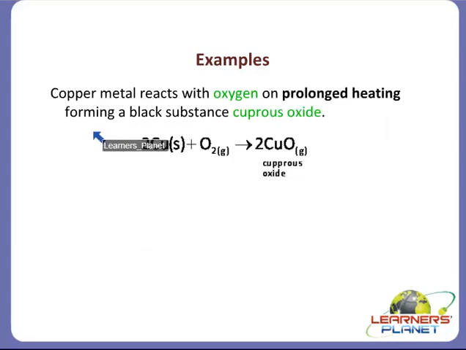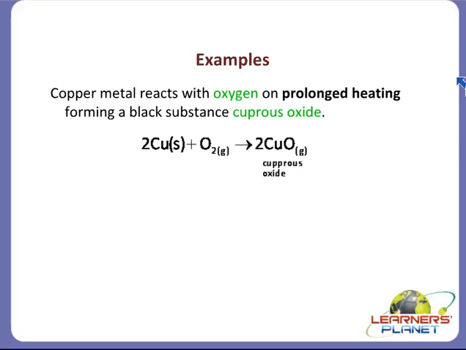Now in this case, copper metal reacts with oxygen on prolonged heating. Even if you have increased the temperature, it will react with oxygen only if you are heating it for a long time. It's not that when you are subjecting copper to oxygen and raising the temperature to some 800 degrees centigrade and just removing it, copper is going to react.